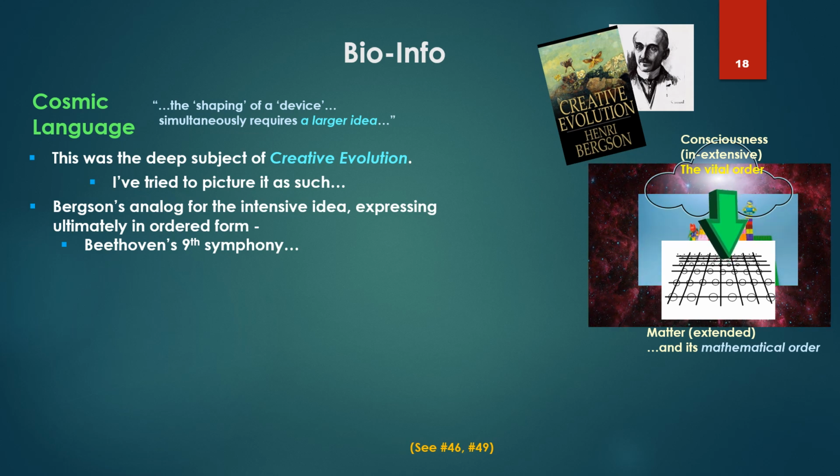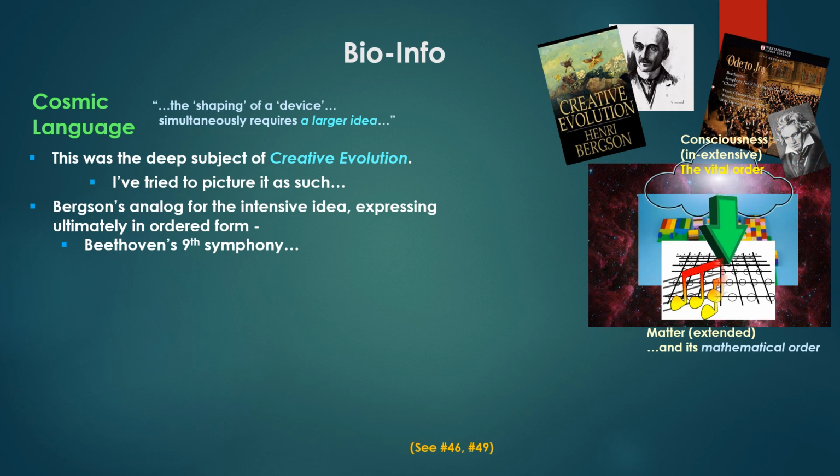Bergson's analog for the intensive idea expressing ultimately in ordered form was Beethoven's Ninth Symphony, expressing this intensive idea of the Ninth Symphony, expressing ultimately in nice ordered form in notes.